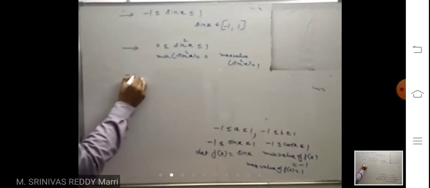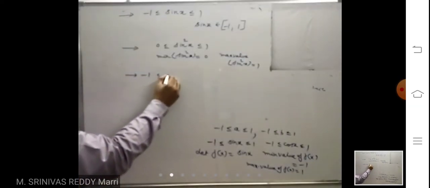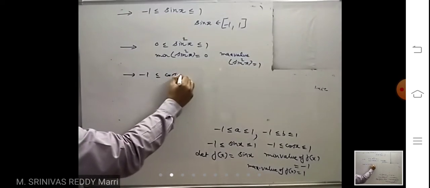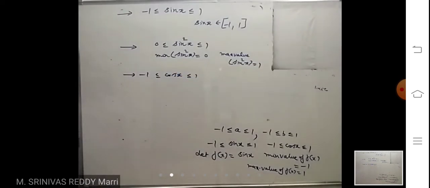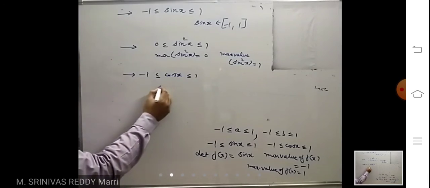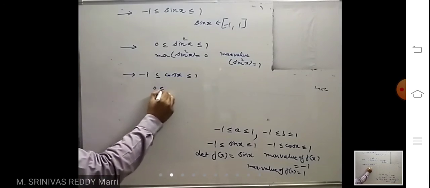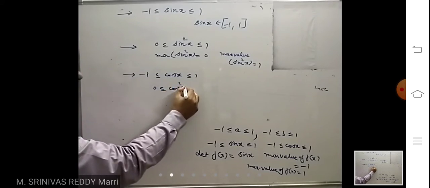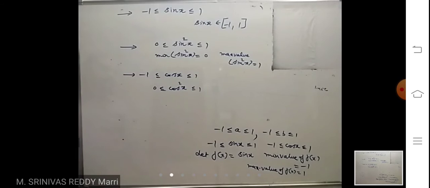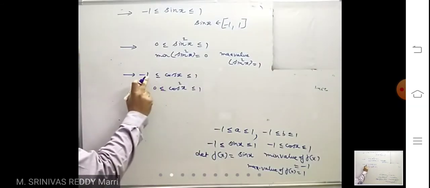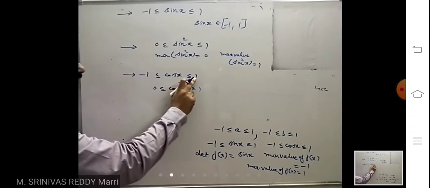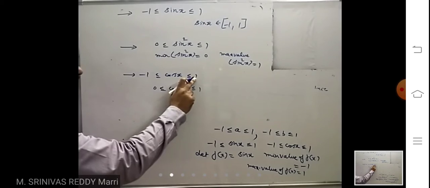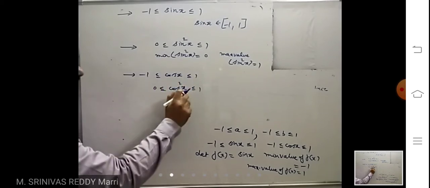Next, similarly, suppose cos x lies between minus 1 and 1. If you square, then cos square x will lie between 0 and 1. If you square all the values between minus 1 and 1, you will get minimum 0 and maximum 1.